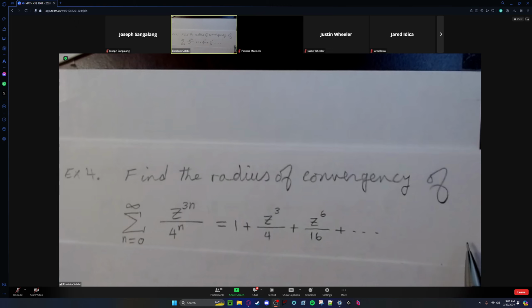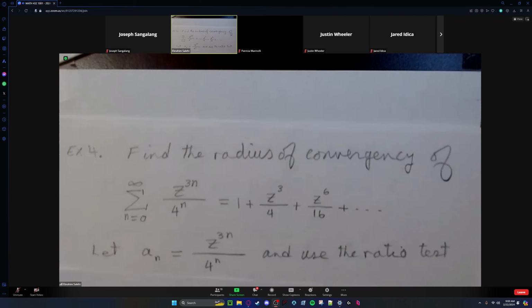The question is, for what values of z this series converges? And the tool that we will use to answer this question would be the generalized ratio test, okay?